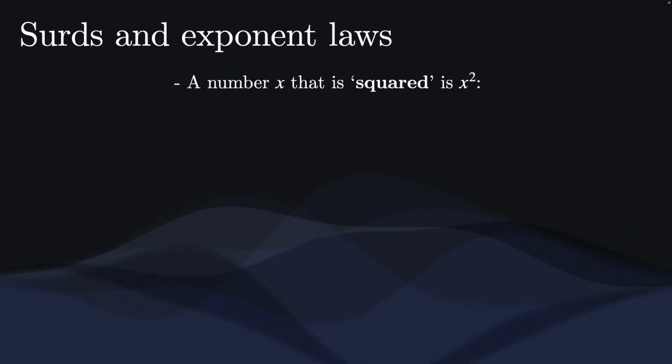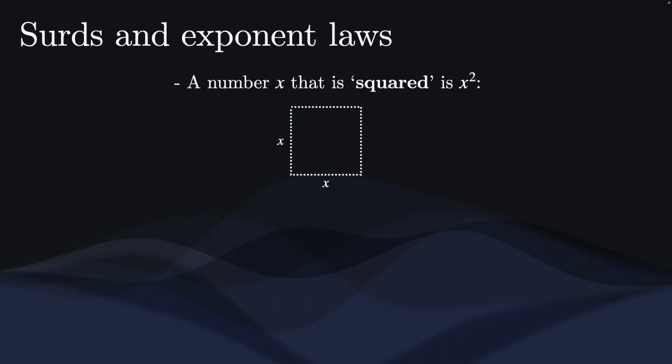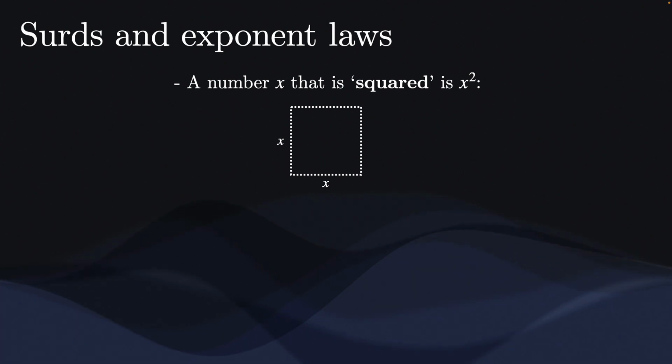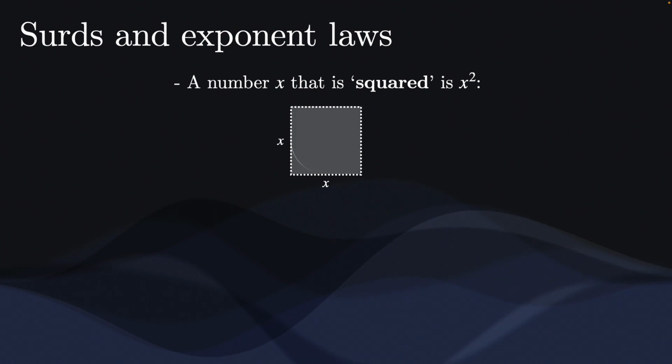So therefore, let's get some number x. And we draw a square and we set the side length as x. And in any rectangular shape, remember, the area is the height times by its length. But in this case, because the height and the length are the same, it's just x times by x. So therefore, its area is x times x, which is just x squared.